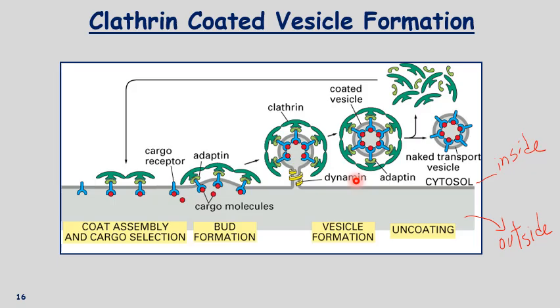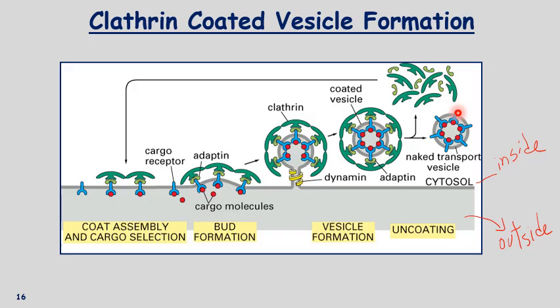Now, once this thing gets endocytosed, it should go to the endosome and then to the lysosome, right? But the problem here is that if this vesicle is coated with clathrin, then you are masking the receptor. That means this thing doesn't know where to go.